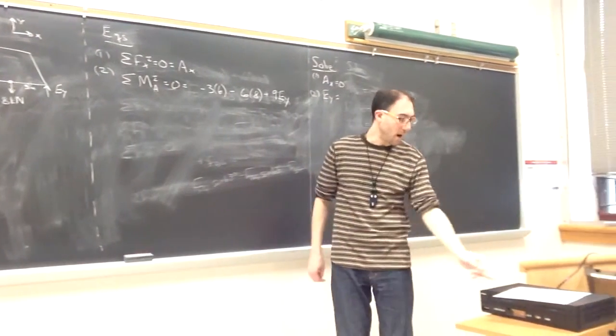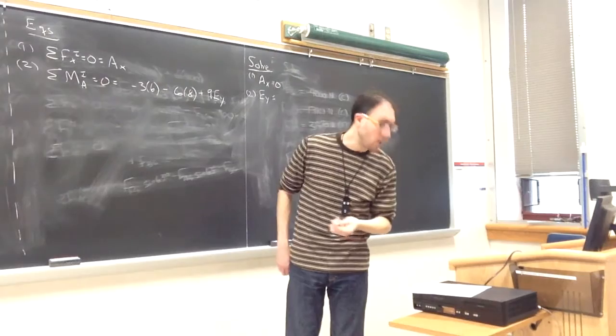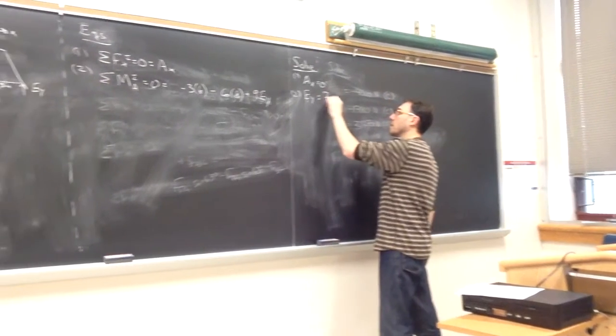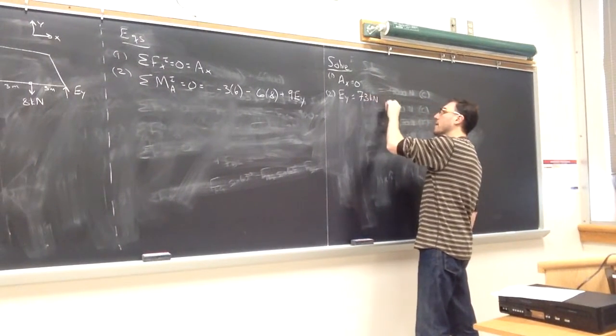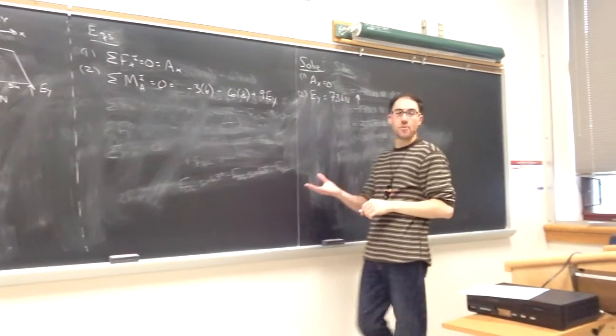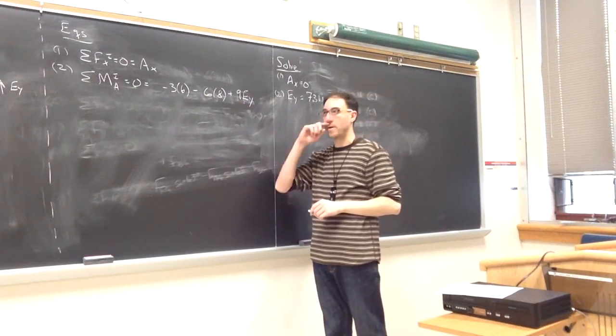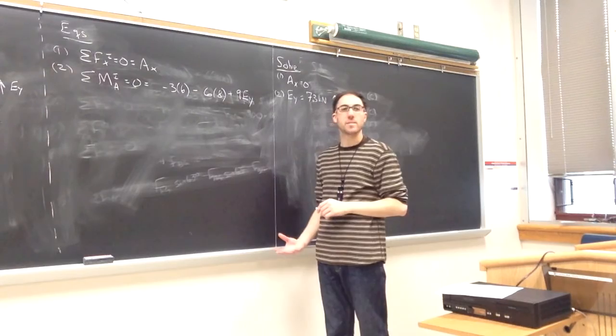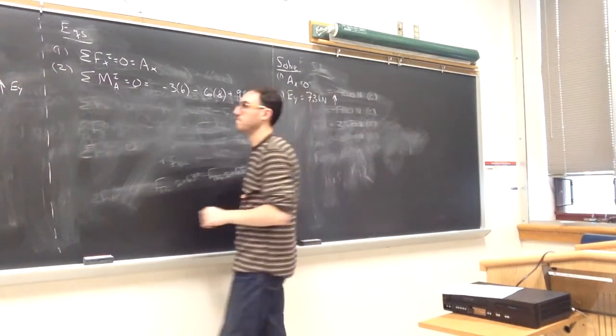So the value of EY, you should get, rounded a little bit, 7.3 kilonewtons, and that is up. For the rocker, it can only be up because it's really only supplying a normal force.